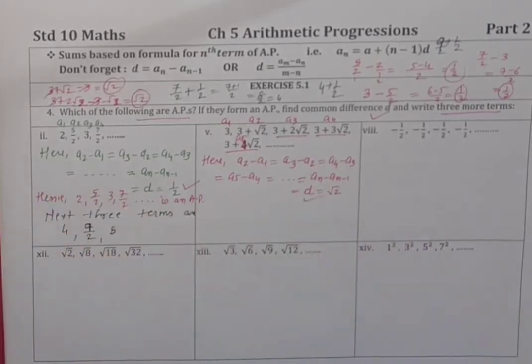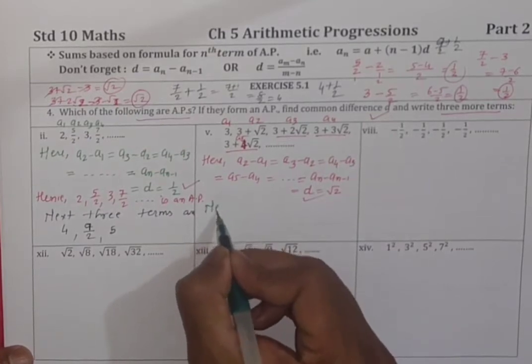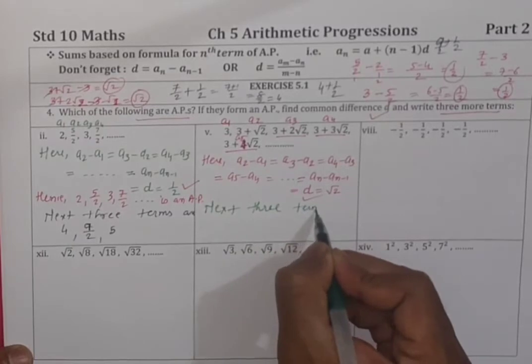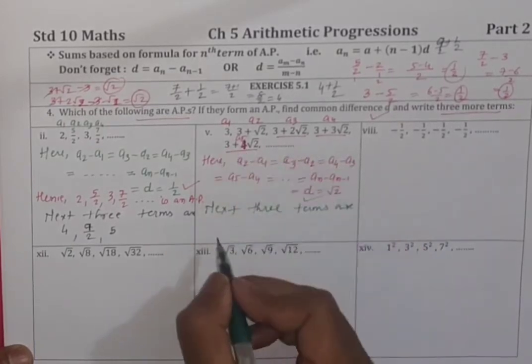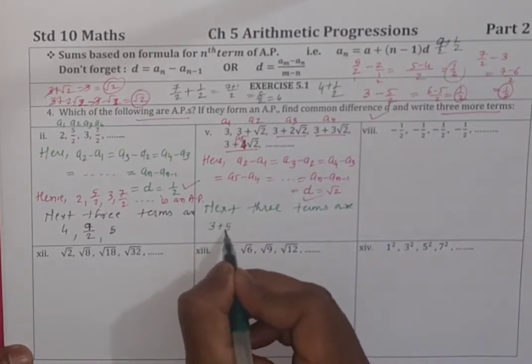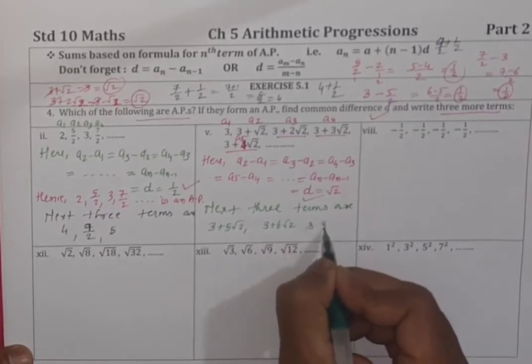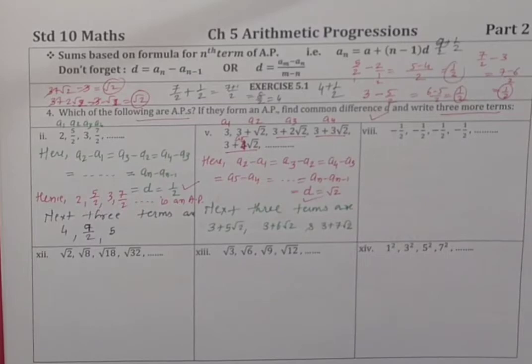So common difference is root 2. Up next 2 terms, that is very easy, you can write directly. In fact 3 terms. Next 3 terms are, okay, this was 3 plus 4 root 2, now 3 plus 5 root 2, after that 3 plus 6 root 2 and 3 plus 7 root 2. Clear children? Quite easy, isn't it? Okay. Next.